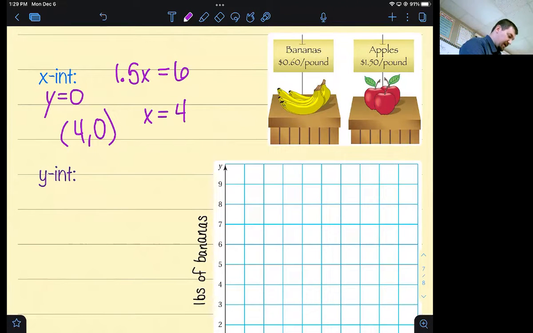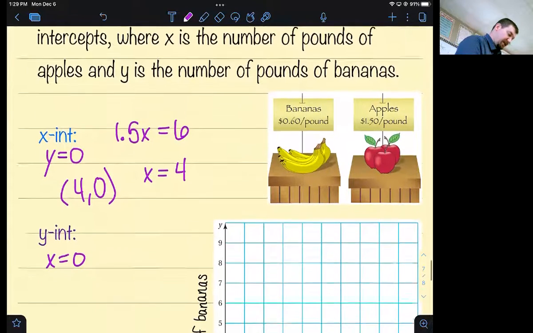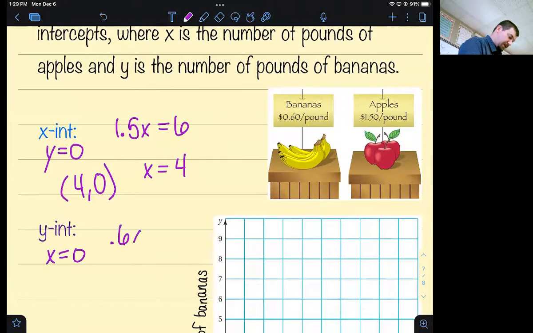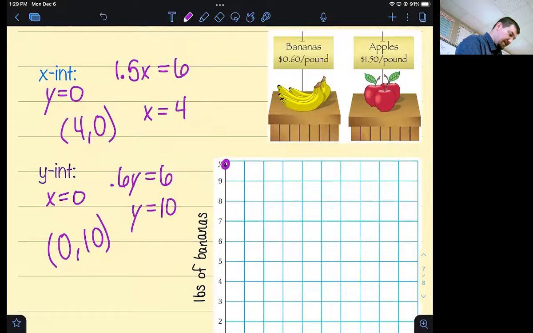The x. Yeah. So if you plug in 0 for x, then you're going to get 0.6y equals 6. What's 6 divided by 0.6? 10. y equals 10, or 0,10. So that would be up here on the y-axis, all the way at the top.